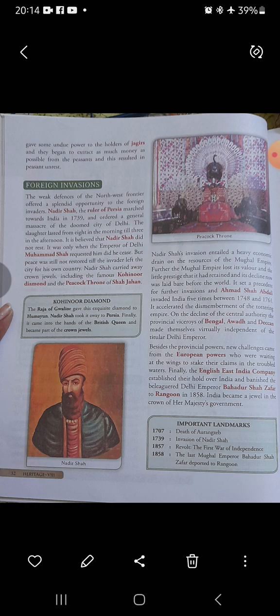Then, due to this loss of power, the European powers who were waiting in line to invade the country came forward, and ultimately it was the English East India Company who established their hold over our country, India. So, this was how the Mughal Empire declined, and it led to the emergence of new foreign colonial powers to come and invade India. Just for a better understanding, please go through the chapter once, everyone. Okay, thank you, everyone.